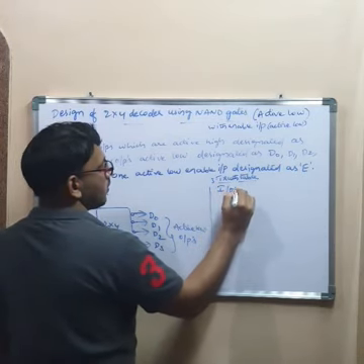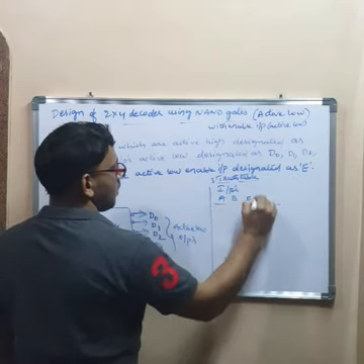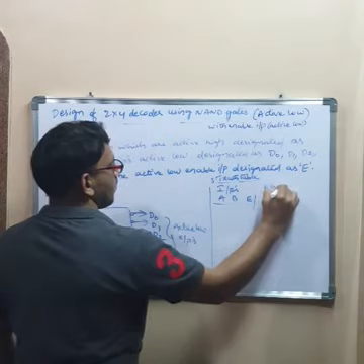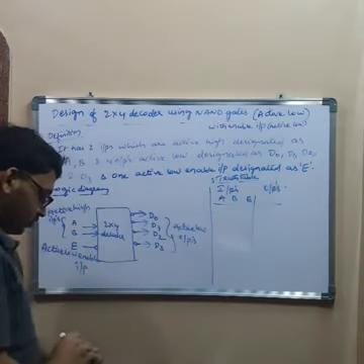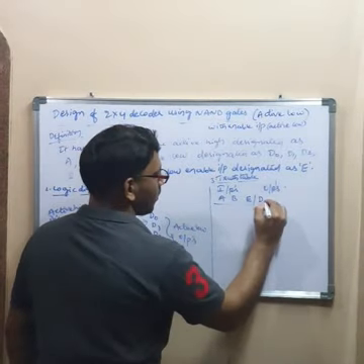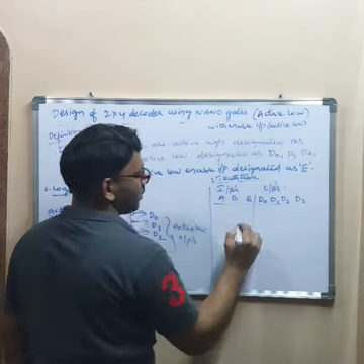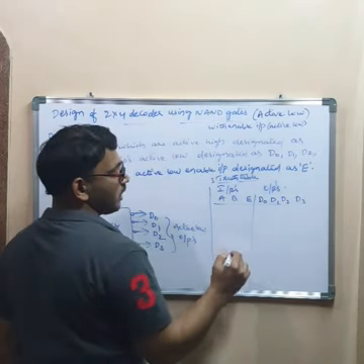inputs A, B, E, outputs D0, D1, D2, D3, right?